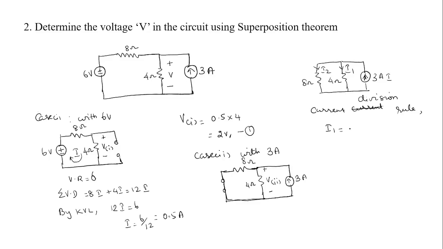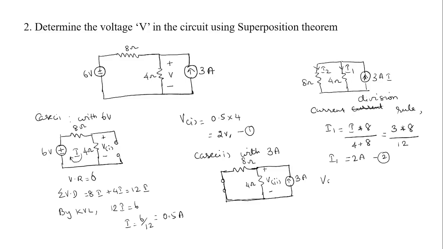I1 can be written as the total current I into the opposite resistor value divided by the sum of the resistors. The total current I is 3, multiplied by the opposite resistor value 8, divided by the sum of the resistors, 8 plus 4, that is 12. On simplification, I1 is equal to 2 ampere. Let this be the second equation.